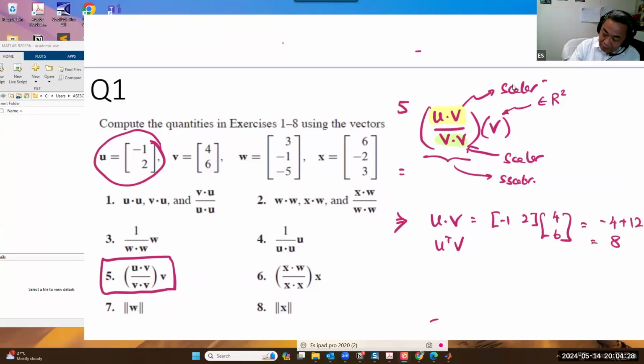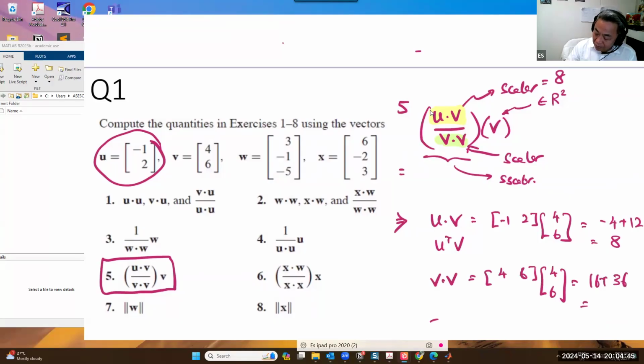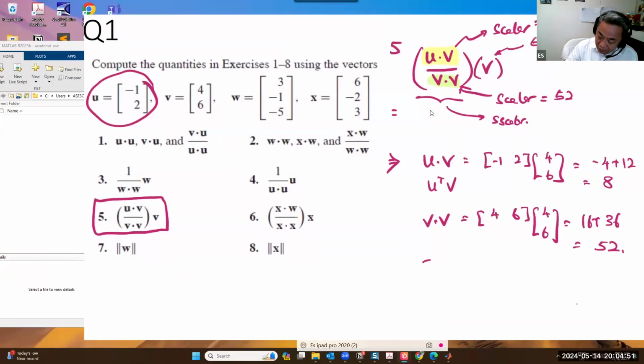So the top number is 8. V dot V is 4, 6, 4, 6, and the answer is 16 plus 36 equals 52. So this guy below is 52. Therefore, U dot V over V dot V equals 8 divided by 52.